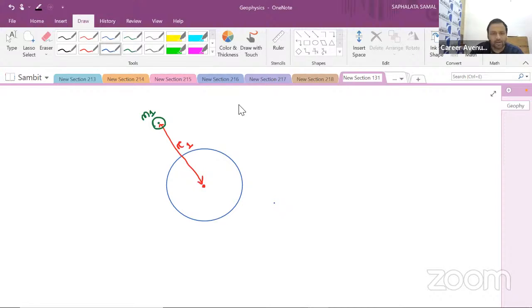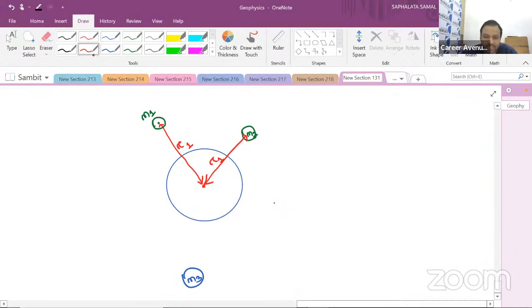Let's say we have another object having m2 mass, a different mass, at the same distance, that is r1. We have another mass, let's say m3 mass over here, having the same distance from the Earth's center, r1.